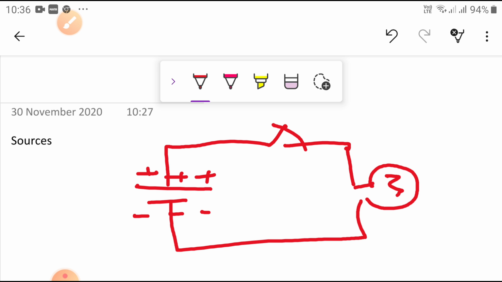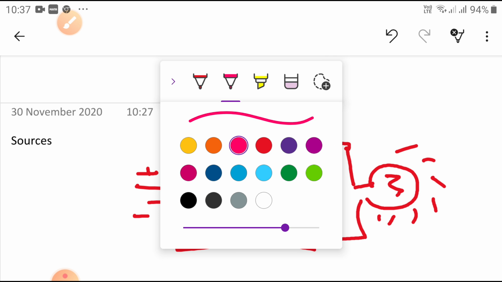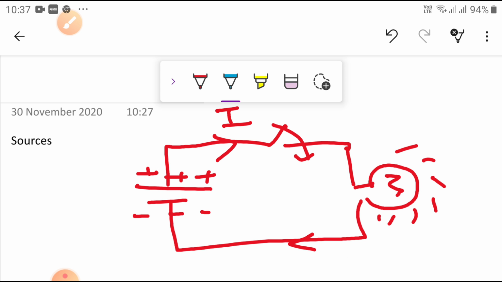Once the circuit is closed, the current has to flow through the circuit. The charge particles present on the terminals have to move towards our load circuit.